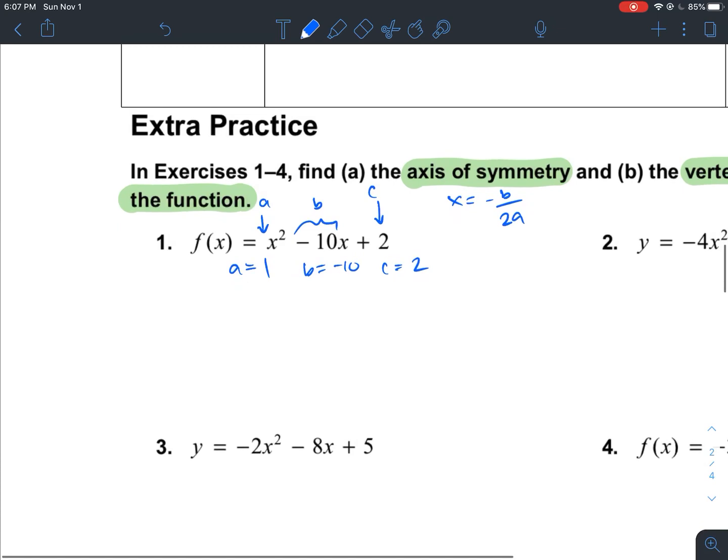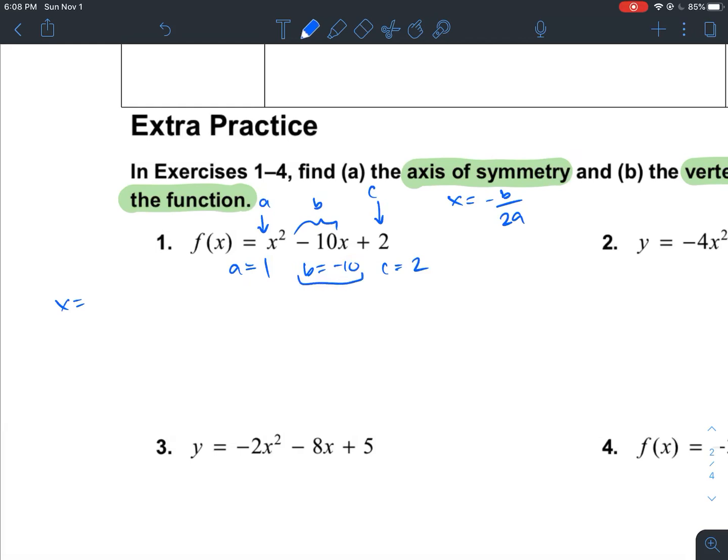So we know the axis of symmetry is x is equal to negative, never forget that negative, negative b divided by 2 times a, which is 1. Now, something that's going to get everybody wrong here is a lot of people forget this negative sign out here. So what I like to do is think of it like this.